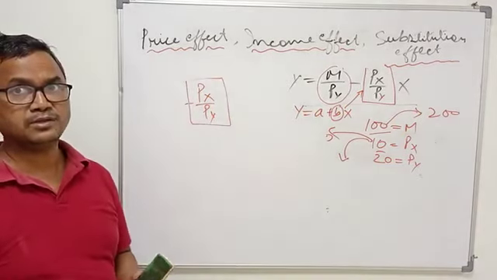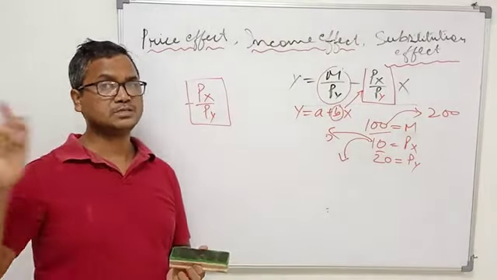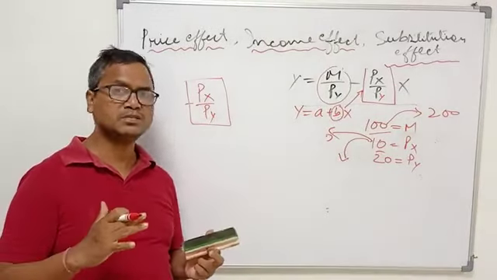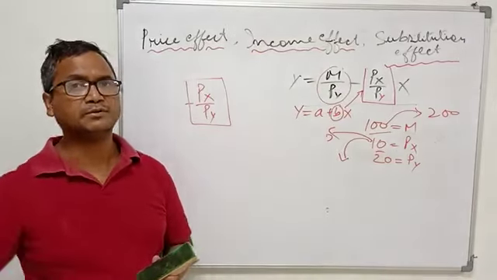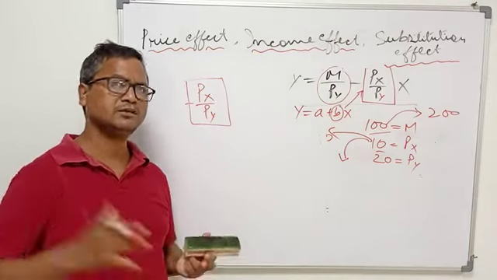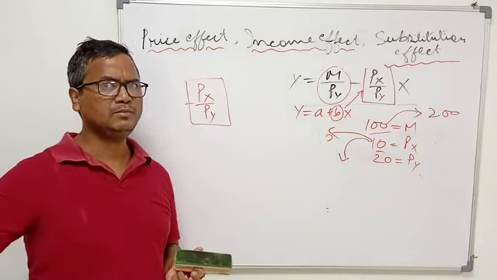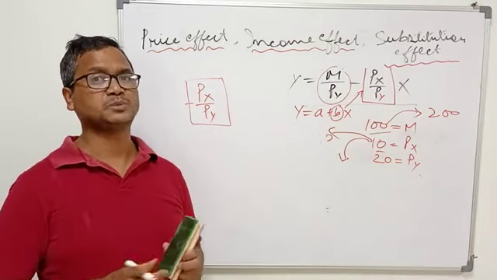So when the price of tea is reduced, some people will find that tea has become cheaper, so they will substitute coffee with tea. They won't consume coffee, they will substitute with tea because tea is cheaper and coffee is dearer or costly. So this is known as substitution effect.